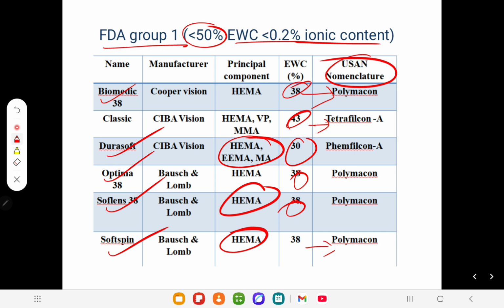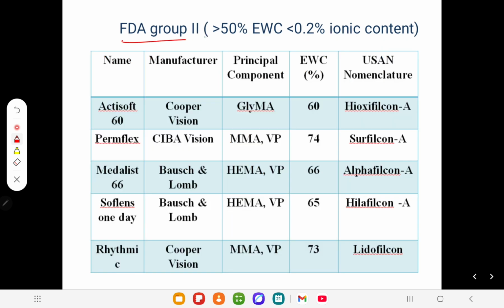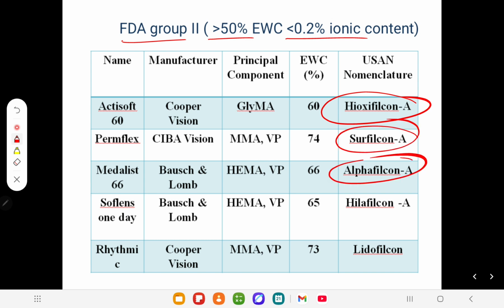Polymacon, these are group first. Group second is greater than 50% water content, and ionic content is still less than 0.2%. These are components like hefilcon, surfilcon, alphafilcon, and lidofilcon. Just see all these things. Pause the video and see them.